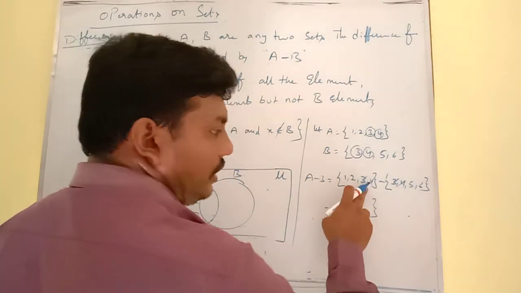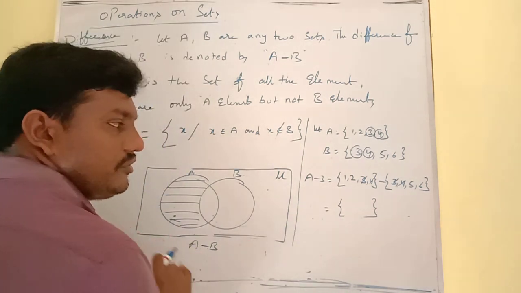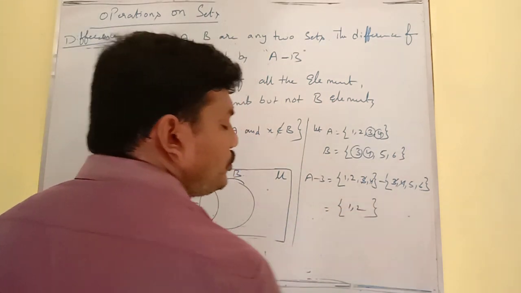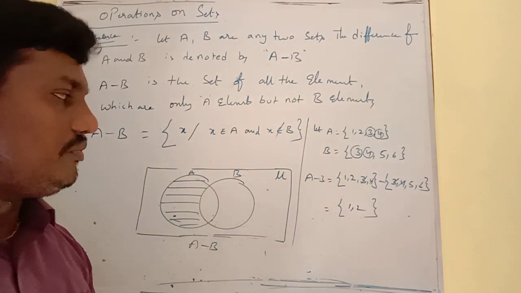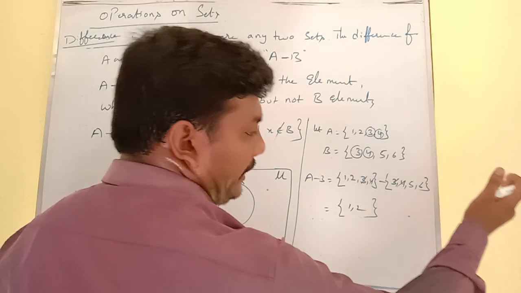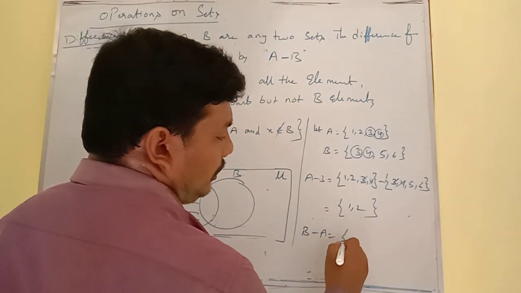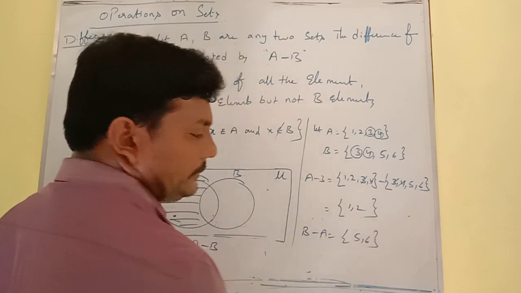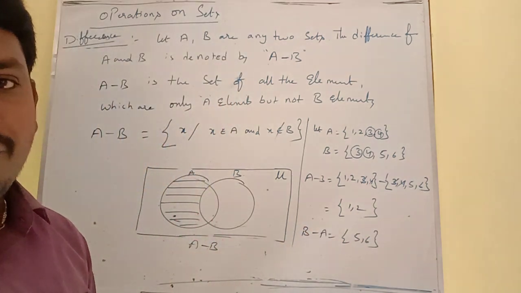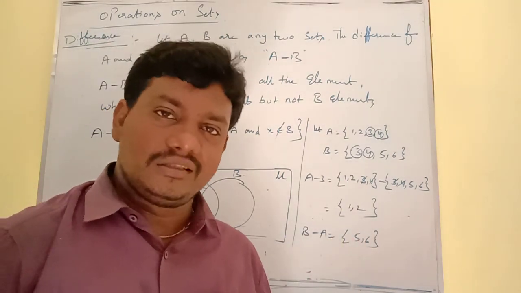That's the reason why we should not consider them, because we are eliminating B elements from A. That is 1, 2. This is called A minus B. In the same way, B minus A. If you take B first and A next, then B minus A becomes 5, 6.